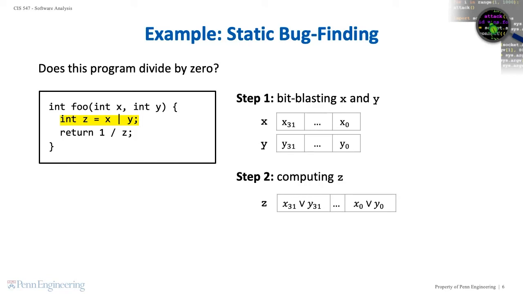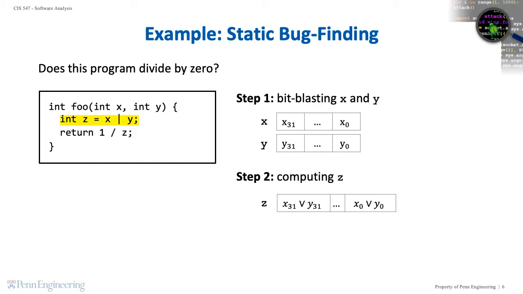The next step is to capture the computation of the bitwise OR of x and y, whose result is stored in integer variable z. Since the operation is bitwise OR, the encoding is straightforward. Each of the 32 bits of z is simply the disjunction of the corresponding bits of x and y.